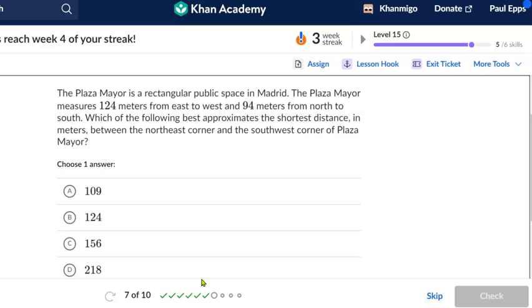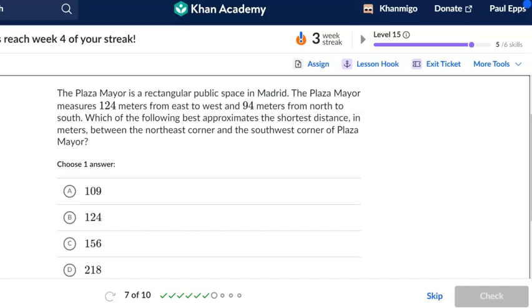Okay. Well, it's the Pythagorean theorem, so it's the square root of 124 squared plus 94 squared.